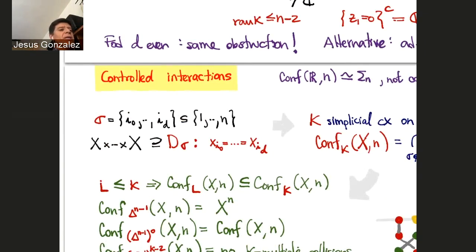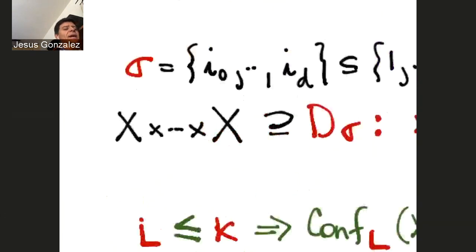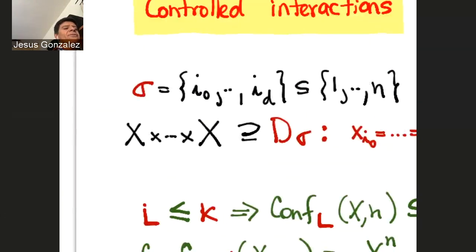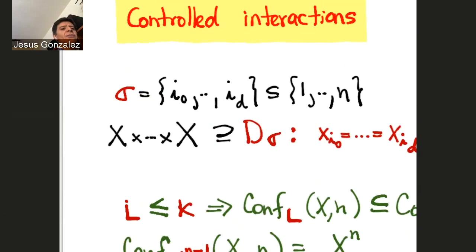And I'm going to be doing this as follows. It's a standard way of extending the notion of configuration spaces. Namely, consider the Cartesian product X times ... times X, n times, and fix a subset sigma of points, I0 up to ID, from 1 to n.